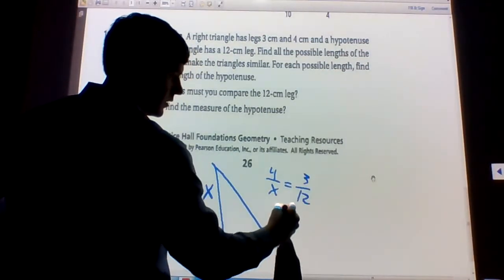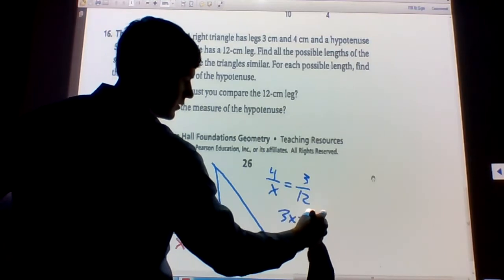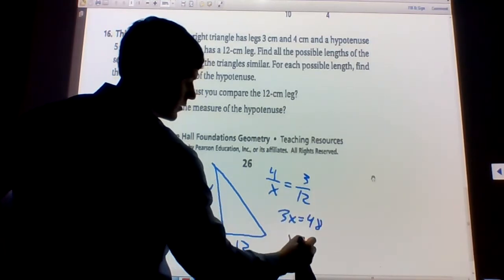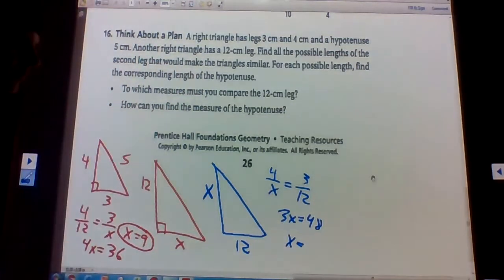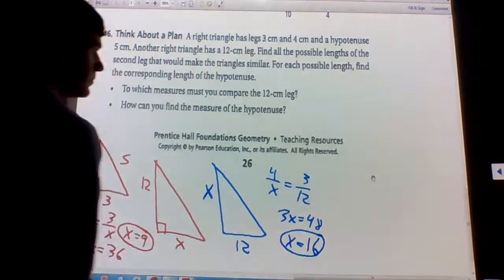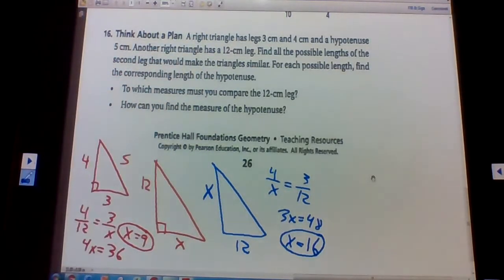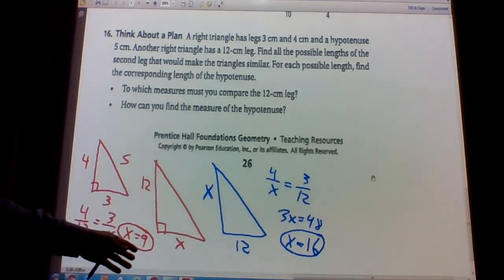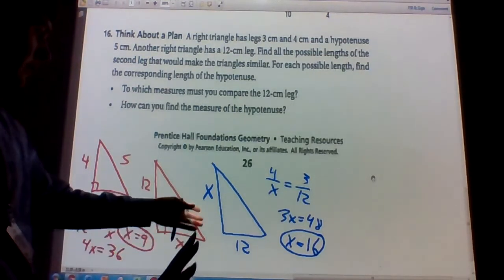You cross multiply, you're going to get 3x equals 48. So x is going to be equal to 16. Right, your right triangle 3, 4. So this could be 9 or it could be 16.